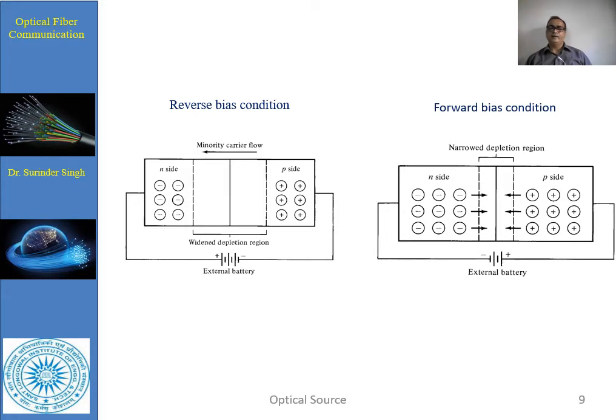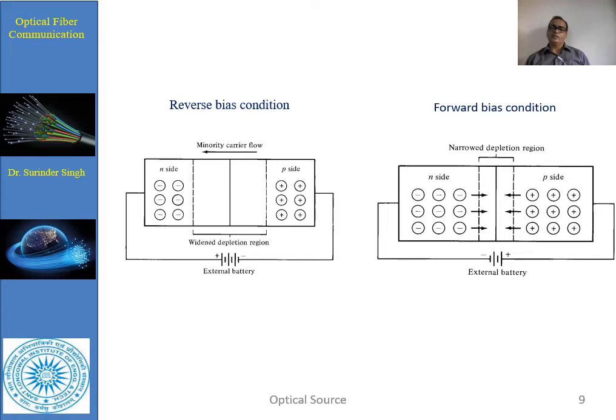Minority carriers move across this junction, and the minority carrier flow is small at normal temperature, but it can be significantly higher in an illuminated photodiode.